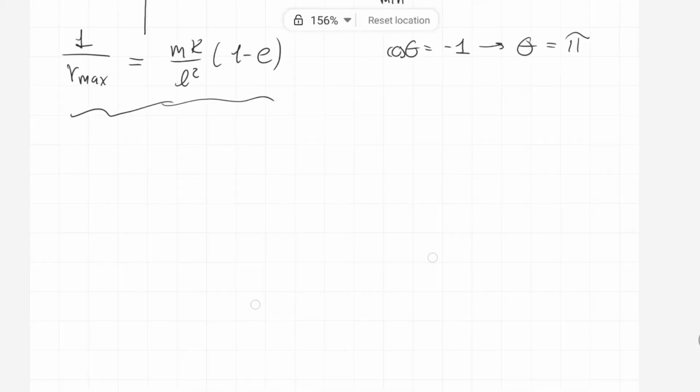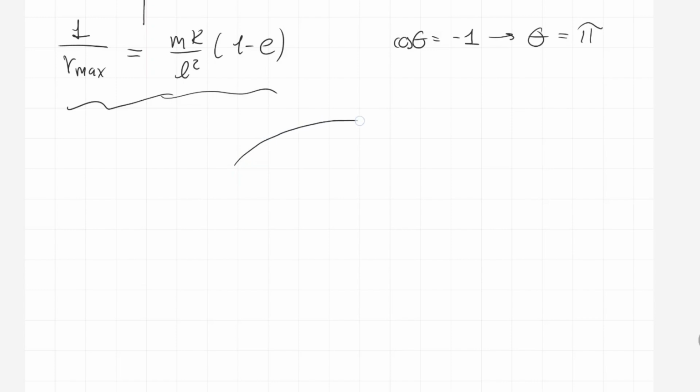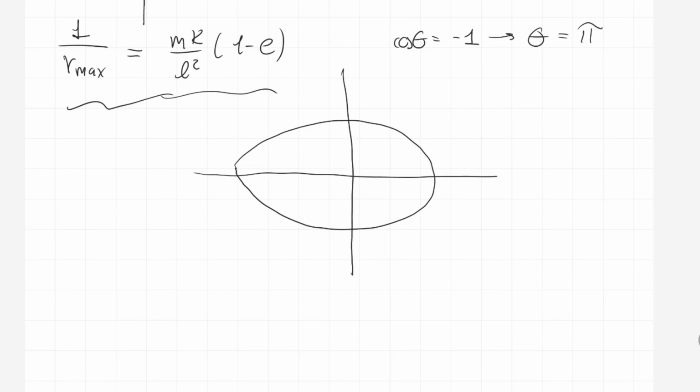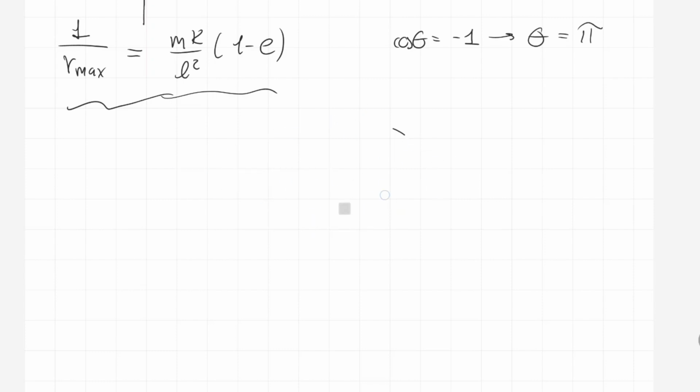Now if we draw our ellipse, we know that ellipses have major and minor semi-axes. Let me redraw this so as not to confuse.